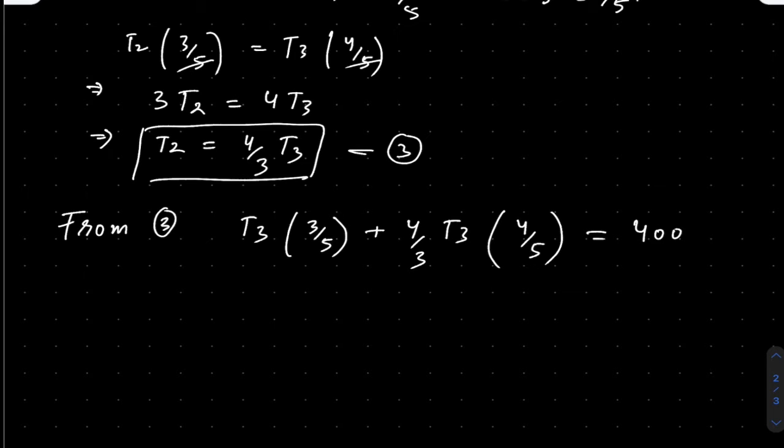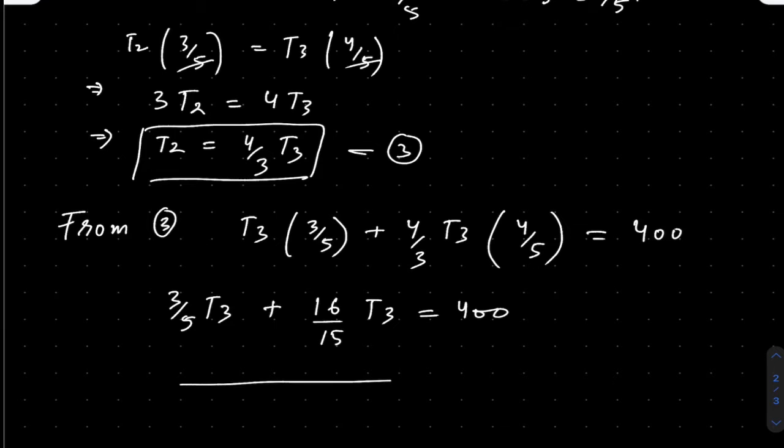Okay, so it's 3 by 5 T3 plus 16 by 15 T3 equals 400. If we solve this, this comes out to be 9 T3 plus 16 T3 over 15 equals 400.